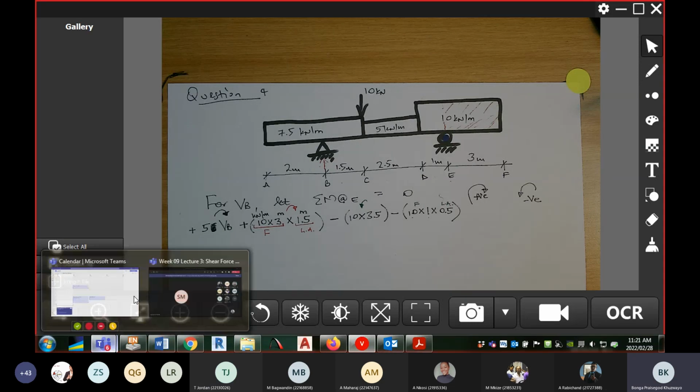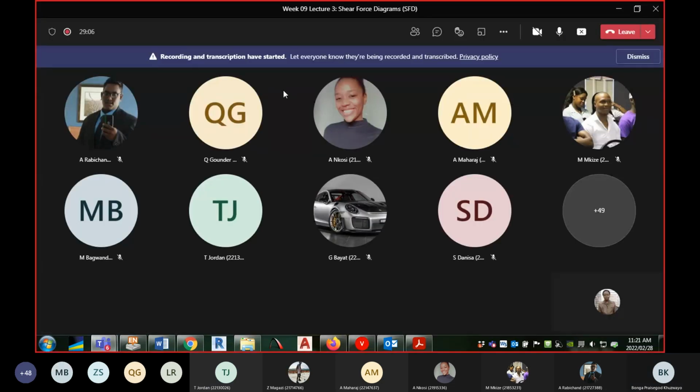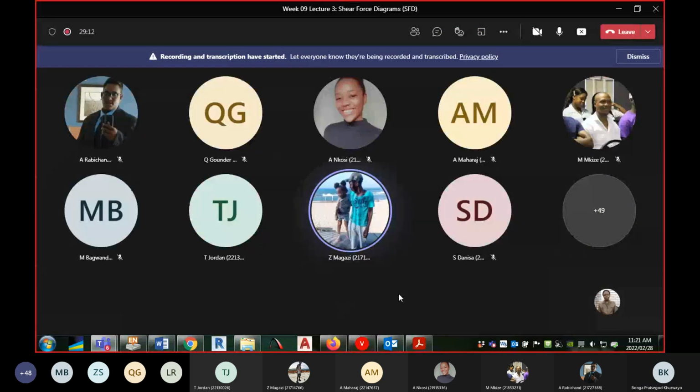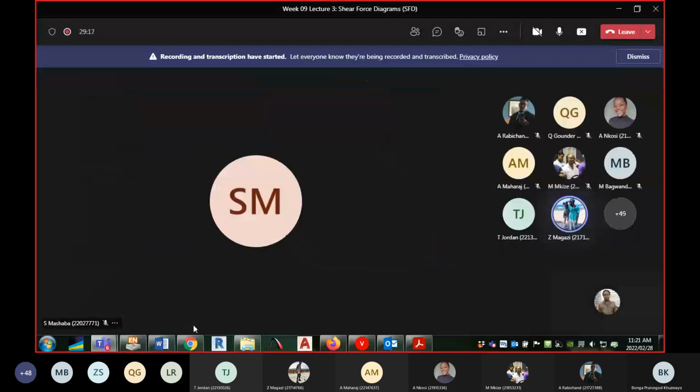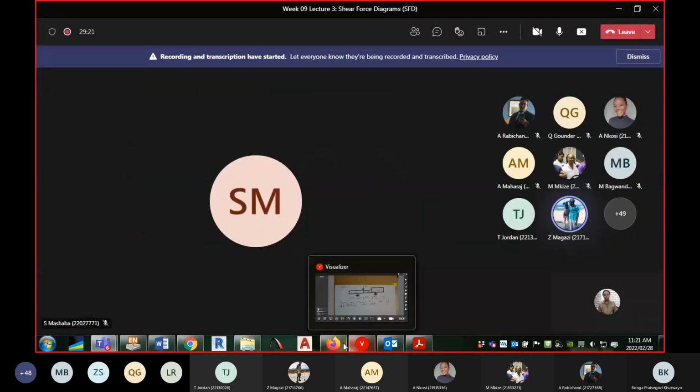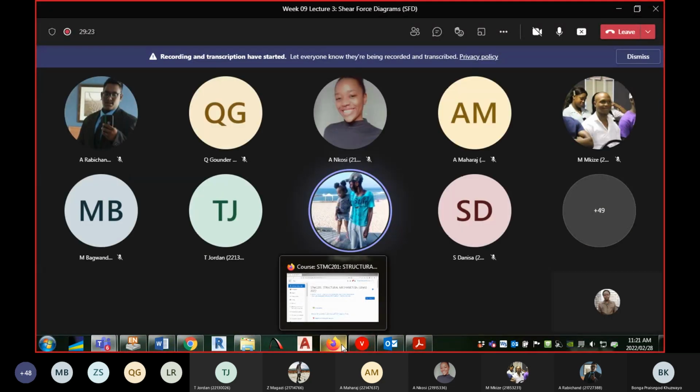Whilst the other student was talking, I heard you say that if he uses 10 times 4 times 4 over 2, the answer will be the same as if you're using your method. But if you put 10 times 4 times 4 over 2 into a calculator, the answer is 80 kilonewtons.